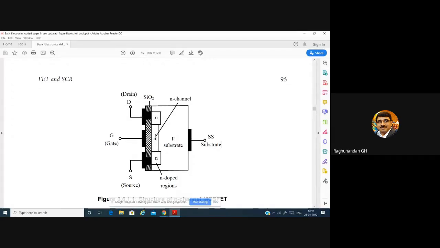Since this is considered a path, and since we are taking N type material to connect these two, we call it an N channel. Why we have taken an N channel is because here also we have N type material, and here also we have N type material. So the charges that take part in the conduction process are electrons, and the flow of current will be because of the flow of electrons.